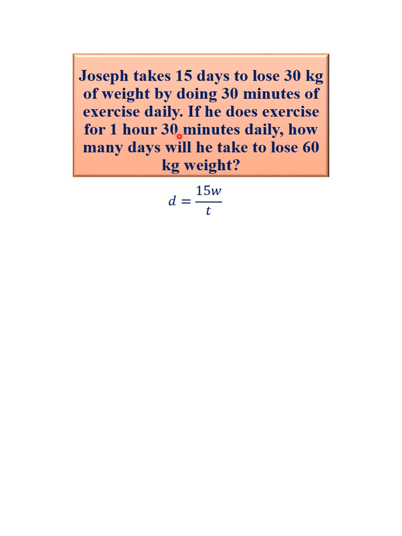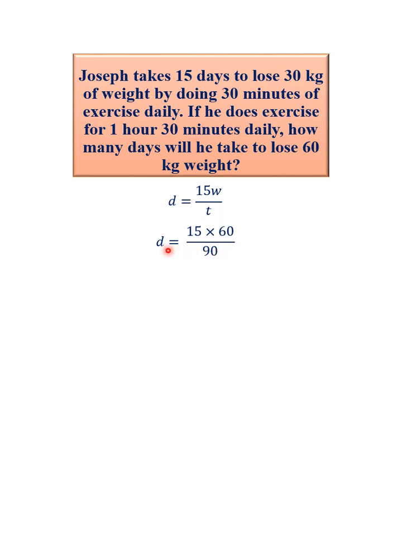So 1 hour 30 minutes is equal to 90 minutes, and the time will be 90. If we put in the values, we have 15 times 60, where 60 is the weight to be lost, divided by 90, the number of minutes it takes daily.